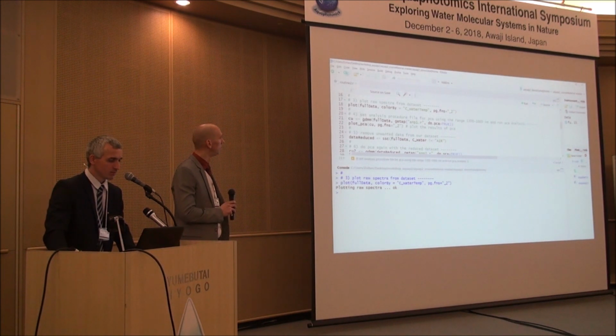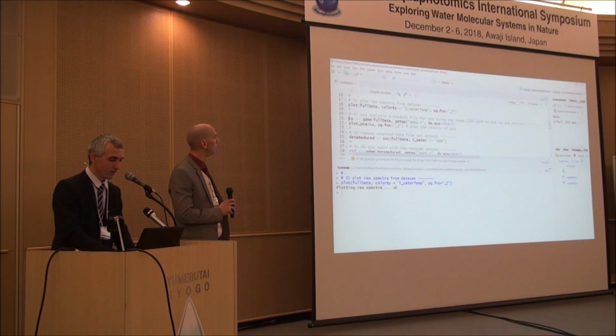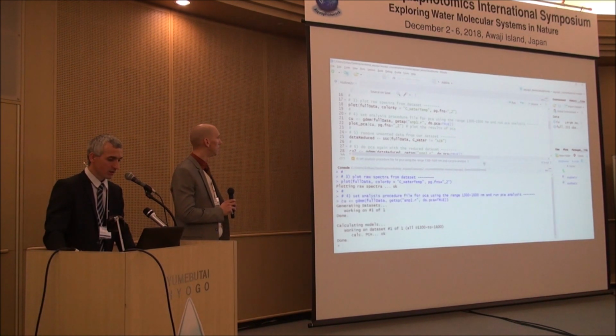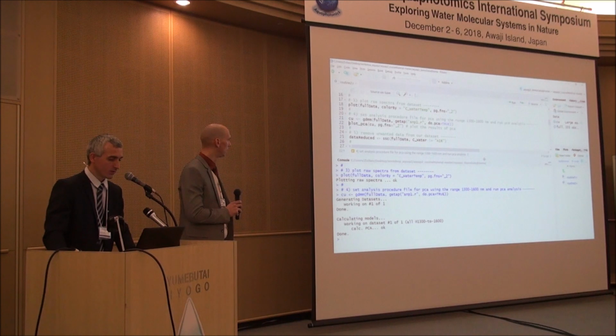In the next step, what we will do is a simple PCA. For that, after necessary setup of the analysis procedure list, what we cannot explain now, it would take too long, you just need to launch this single line, as it is in 21, to generate a set of results.